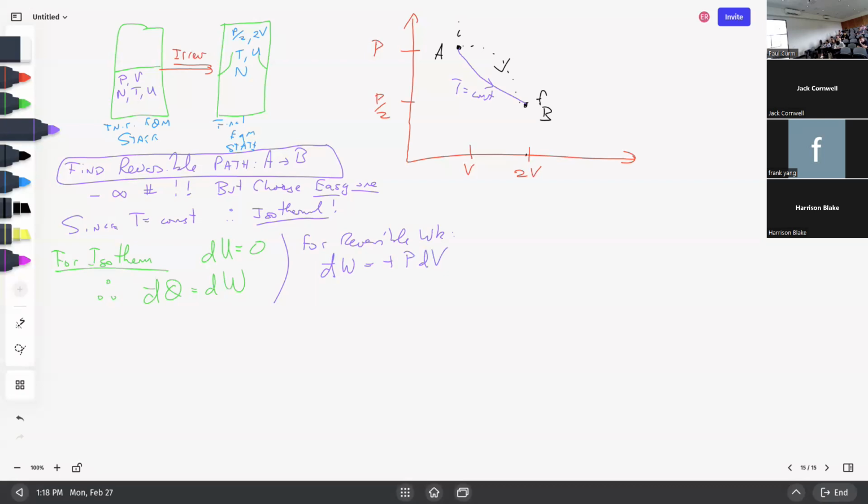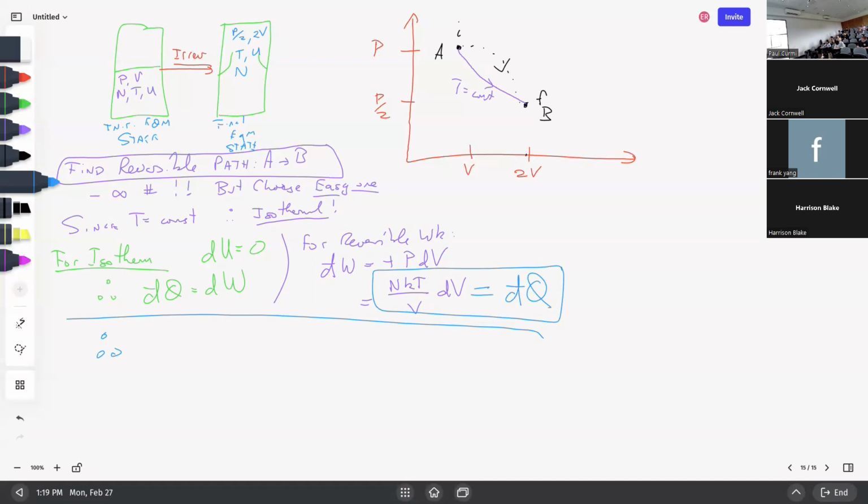Okay. And I can then plug in, this is going to be equal to nkT over V dV. Okay, that's all cool. And so now I can write that, therefore, this is equal to dq. Okay, because I had d bar q equals d bar w. So I've got that guy.